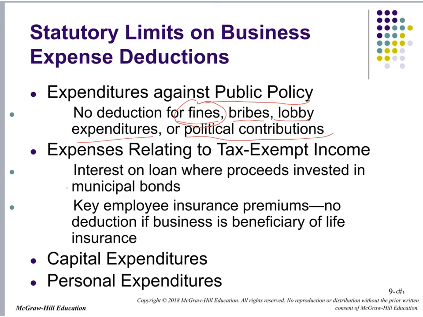Additionally, key employee insurance policies. You've probably talked about these in financial accounting. A key employee insurance policy is, say, for example, you have a small business and you are the CEO, then your business is going to have what's sometimes called a key man insurance policy, because if you are the sole source of knowledge or marketing for your small business, then they will take out a life insurance policy on you.